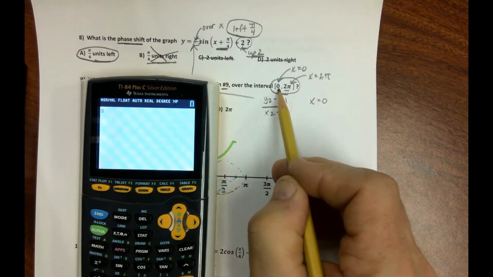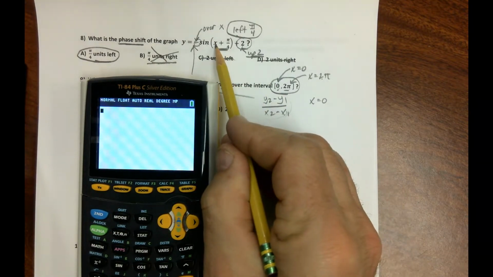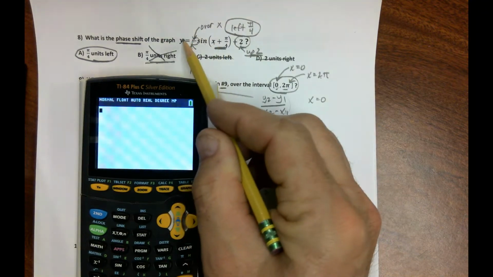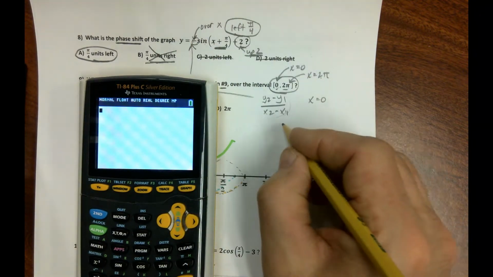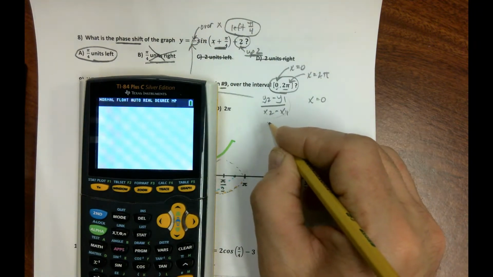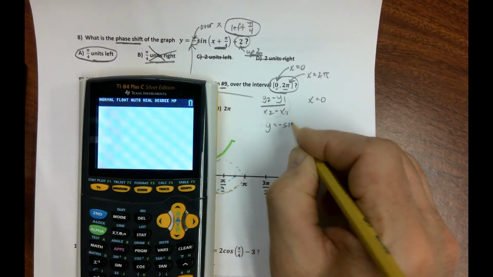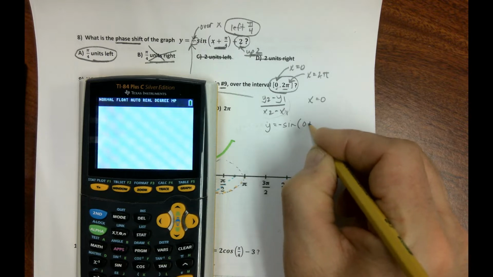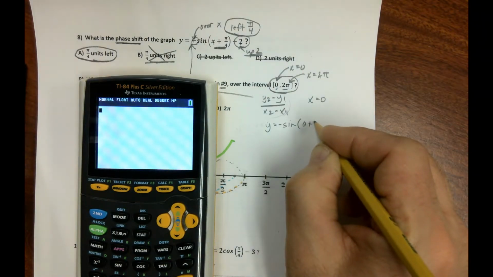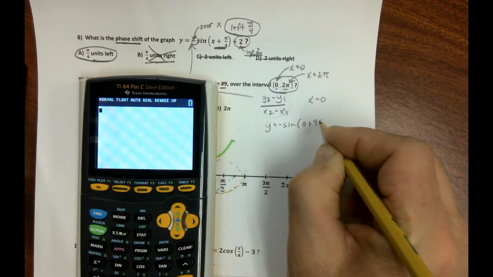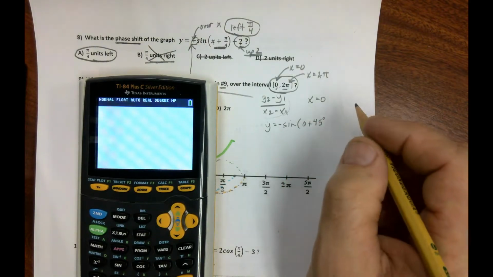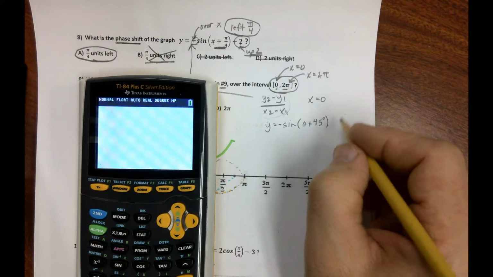So if we let x equal 0, plug it in there to the original, we can figure out what y is. It's going to take a little bit. So if we say, okay, let's let x equal 0, we're going to get negative sine 0, because that's our x, plus, I'm just going to write in 45 degrees. I could have typed in pi over 4, but plus 2.